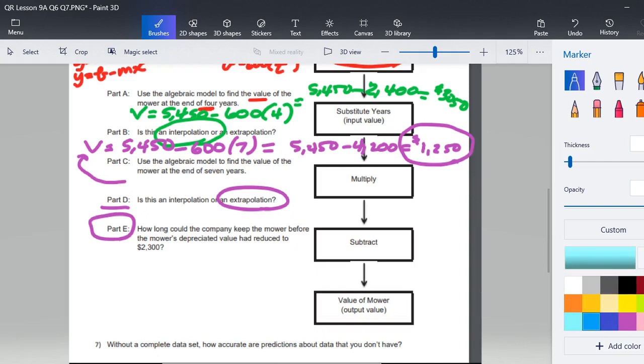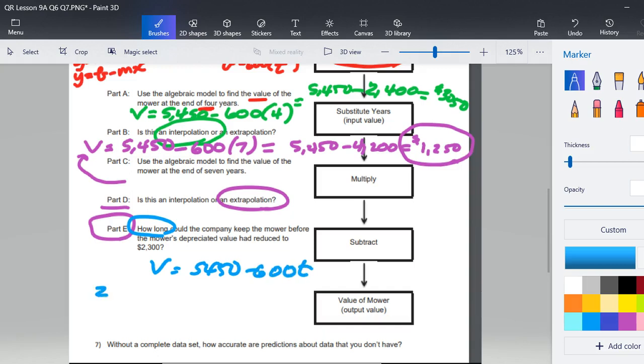Part E asks us a little bit of a different question, but that's okay. We can look at it and we can play around with what they're asking, because now it says how long. Okay, wait, how long is time? So how long are we going to keep this mower before the mower's depreciated value is $2,300? So I'm going to write our entire algebraic formula here.